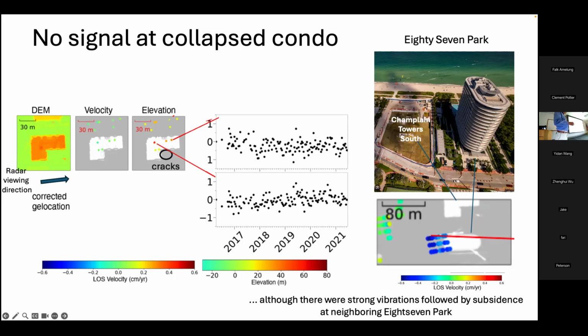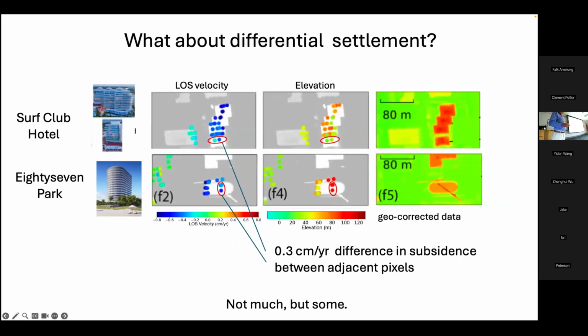So there were the vibrations, and we would expect that the vibrations from this one would create some subsidence over there, but we don't see it either. So it is really surprising. It made it difficult to understand, but that is what the observations show.